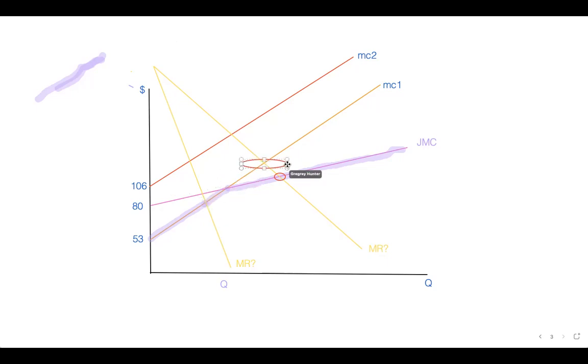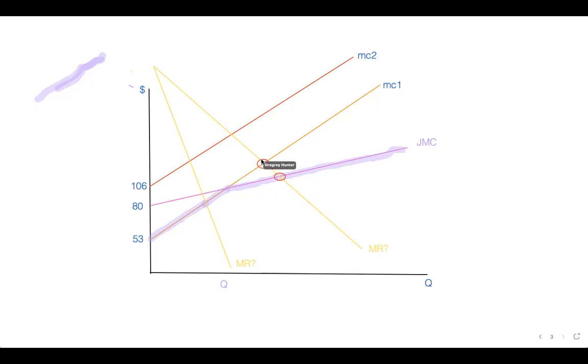So I'm going to move that one there. And then I'll do blue rings for these other two. I'll do the red ones first.